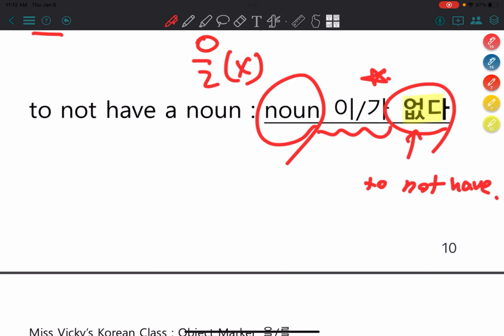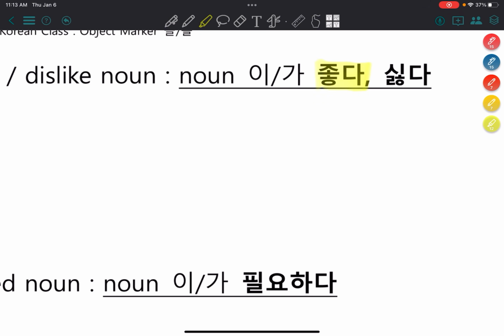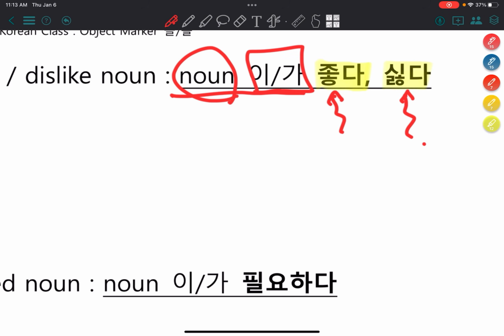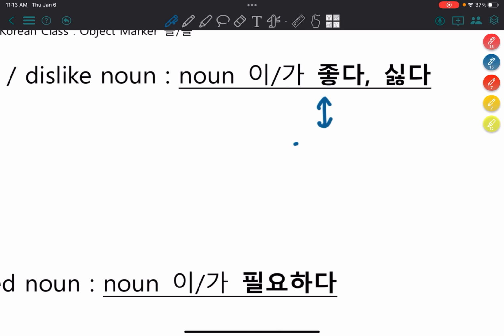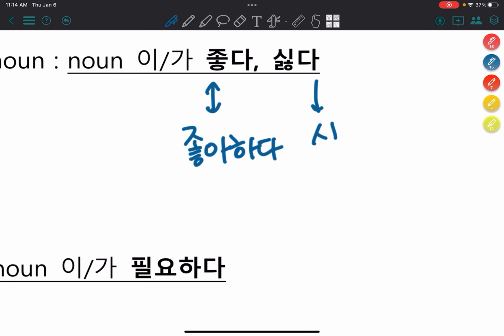And same with 좋다 and 싫다, which means to like and to dislike. You have to mark the noun, what you like or don't like, with 이/가. So noun 이/가 좋다, you like something. Noun 이/가 싫다, you dislike something. And note that 좋다 is different from 좋아하다, and 싫다 is different from 싫어하다.